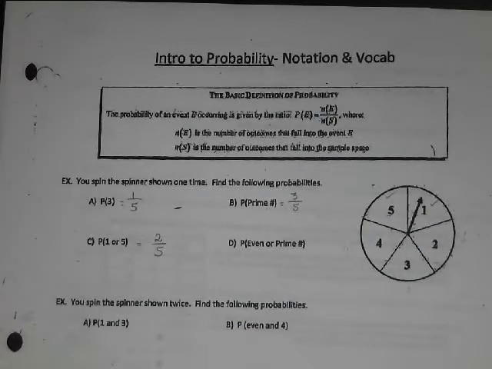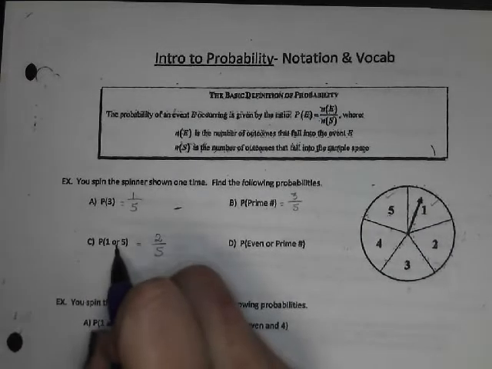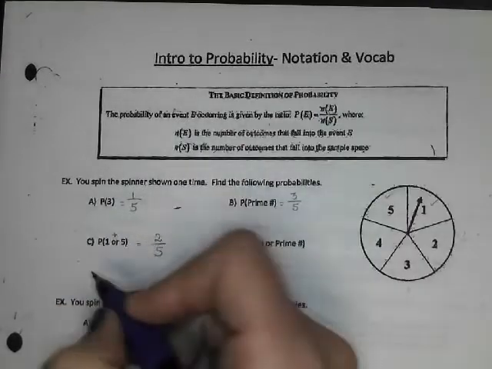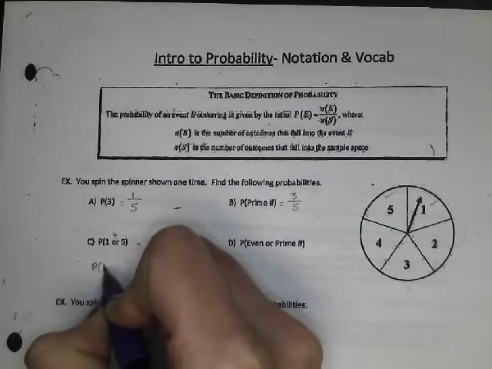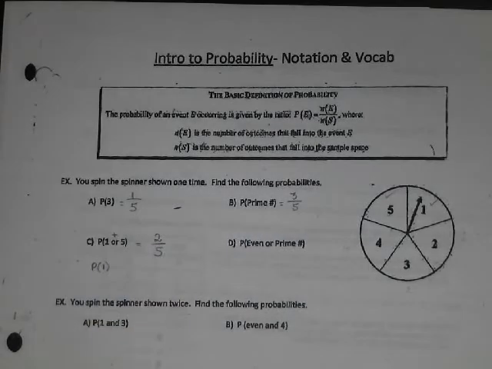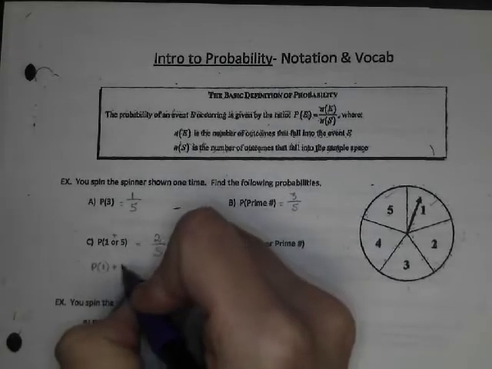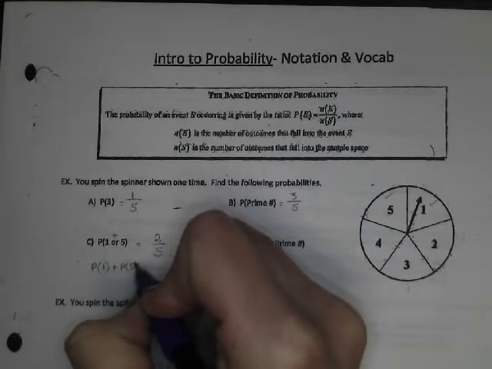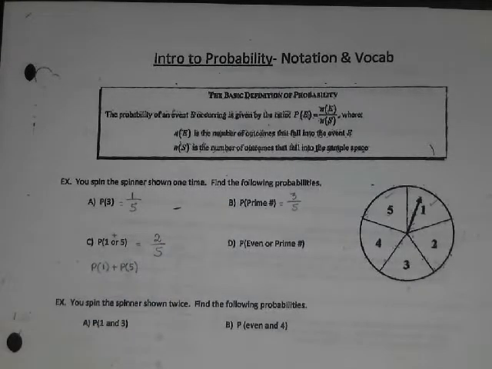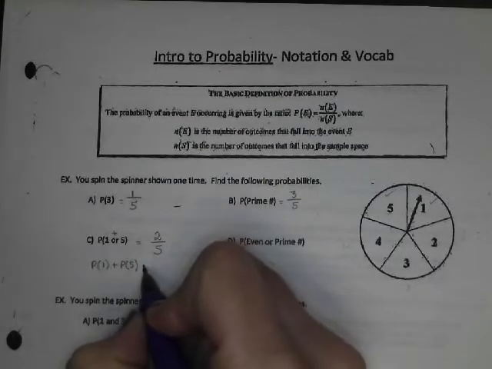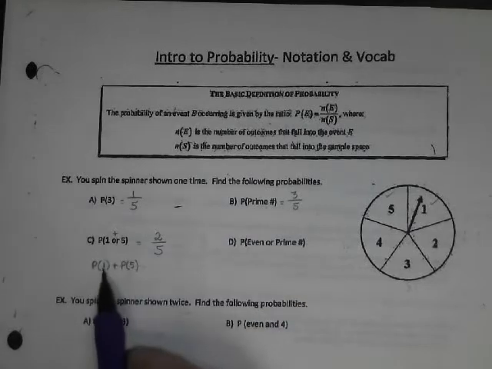Something else we're also going to learn, and this is a good takeaway, or in probability means addition. So you could technically find the probability of spinning a 1 and add it to the probability of spinning a 5, and sometimes there's an overlap. Sometimes there'd be something that's double counted.